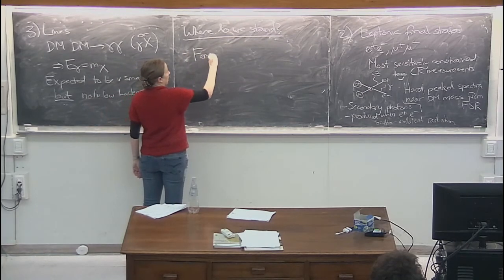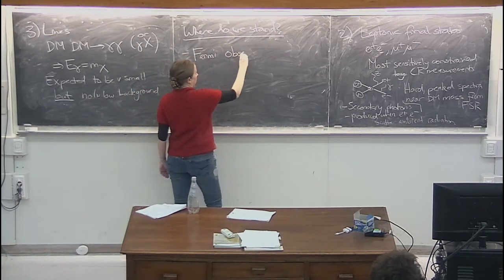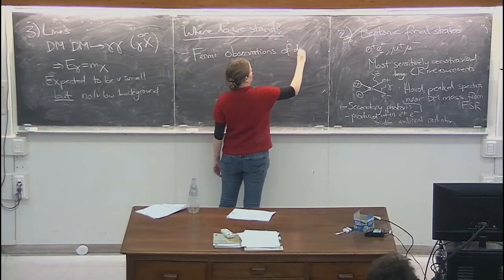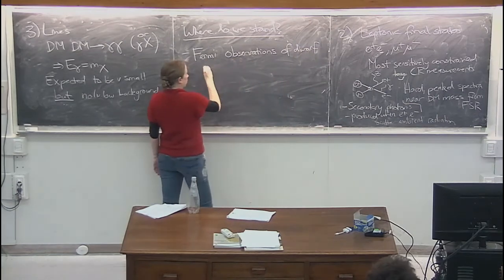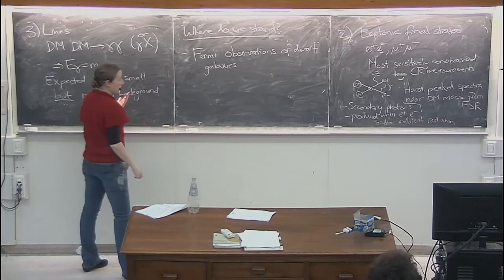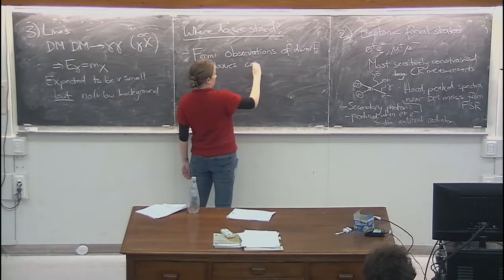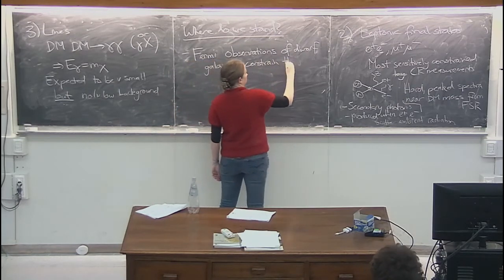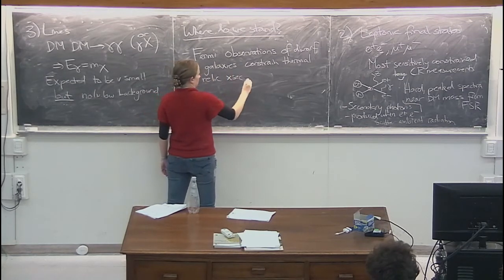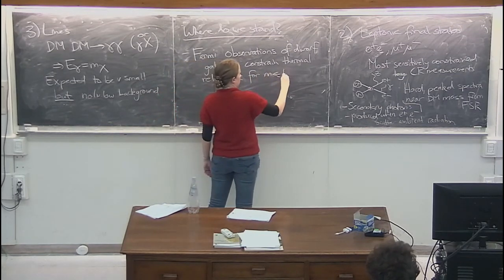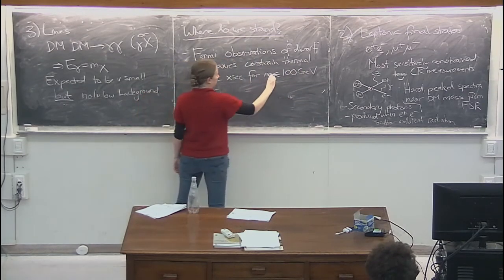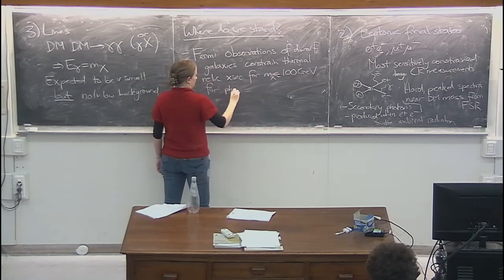The Fermi Gamma Ray Space Telescope, which has been up in orbit since 2008, has made many observations of dwarf galaxies. These are low background environments. They're good places to set robust constraints on these photon-rich channels, and they constrain the thermal relic cross-section for masses less than something on the order of 100 GeV, depending on the channel, for these photon-rich channels.